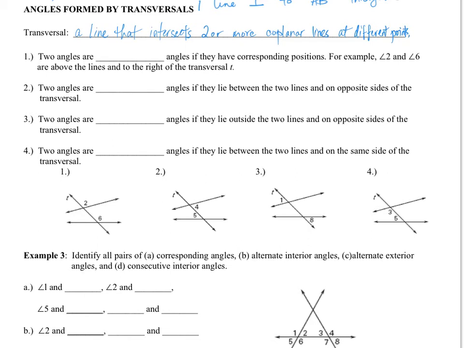So, for instance, I could have a line here and another line here in the same plane, and the transversal will cut these two lines at two different points.